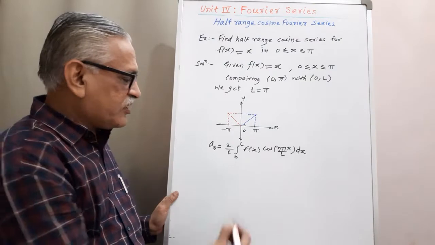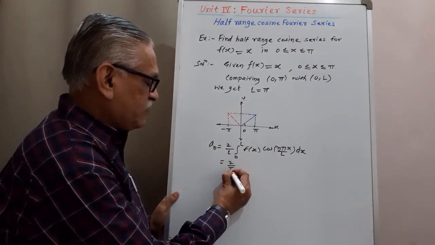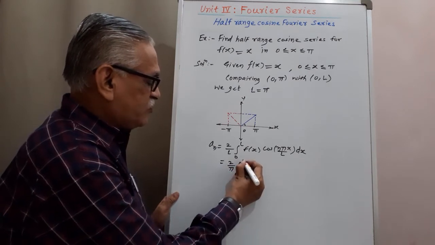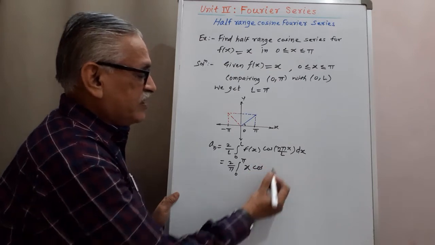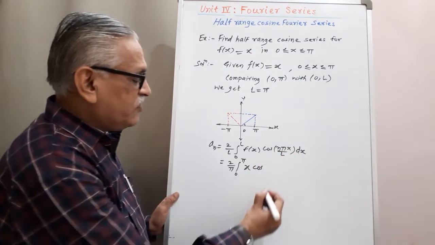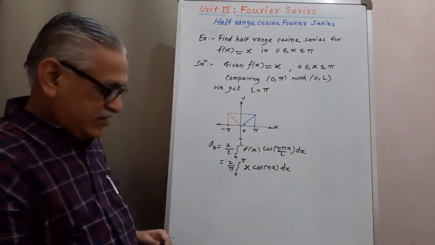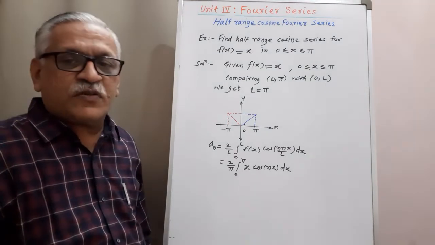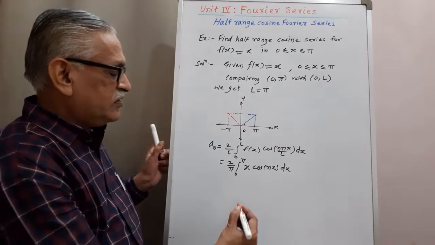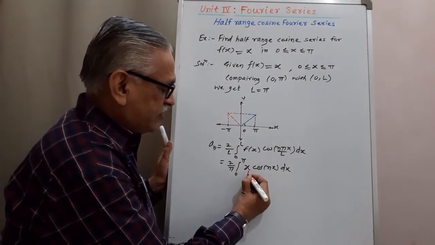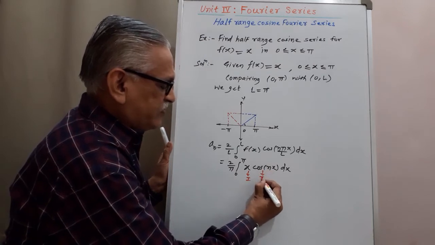Then substituting the corresponding values of L and f of x, L is pi here, therefore it is 2 by pi integration from 0 to pi, f of x is x, cos of n pi x by pi, the pi gets cancelled, we get only cos of nx. As it is the product of two functions of x, we have to integrate it by the UV rule, the generalized integration by parts. Therefore, x is the algebraic first function, cos is the trigonometric second function.